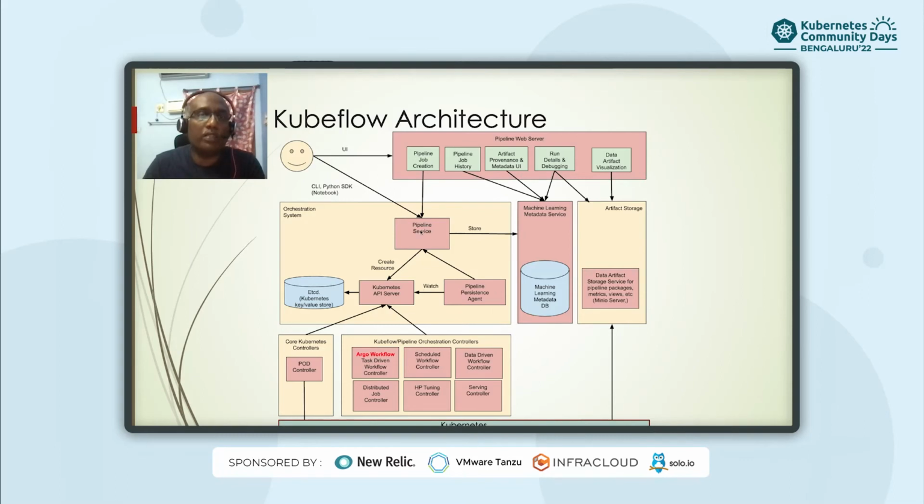Once the pipeline is submitted, the pipeline service stores some metadata into the machine learning metadata database, which is a MySQL relational database. Once that is done, the pipeline service understands that it needs to create certain Kubernetes resources, and it goes ahead and creates those Kubernetes resources.